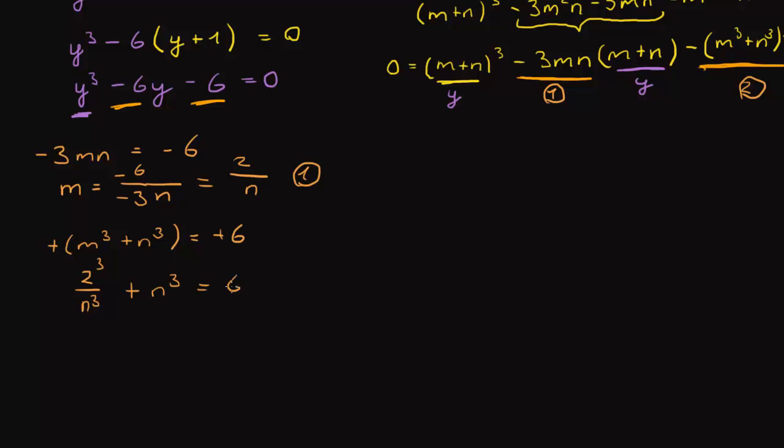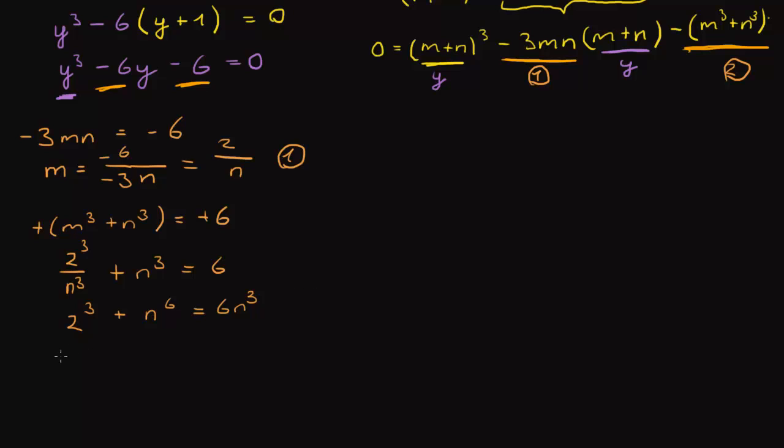equal to 6. Now we multiply all of this by n to the third, so we get rid of our fraction. So we get 2 to the third, which is 8, plus n to the sixth is equal to 6n to the third. So to get this into standard form, we can rewrite it like this: n to the sixth minus 6n to the third plus 8, which is equal to 0.